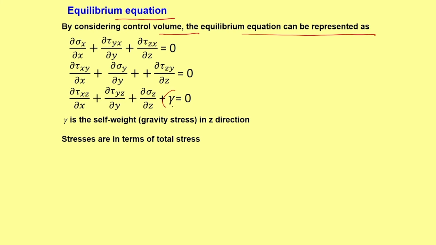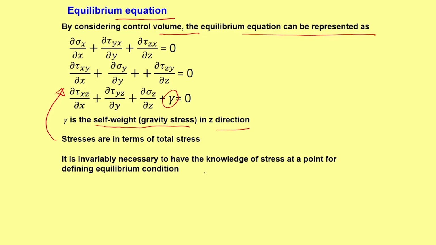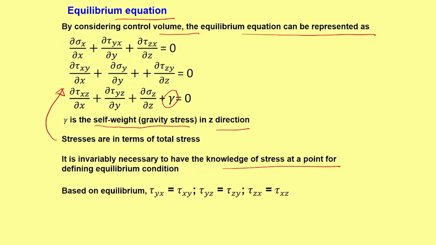The only new term is gamma, where gamma is the self weight or the gravity stress which acts in the z direction or in the vertical direction. And to be very specific, stresses are in terms of total stresses in this particular equation. It is invariably necessary to have the knowledge of stress at a point for defining the equilibrium condition.